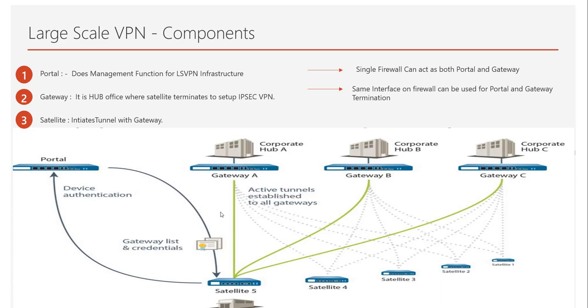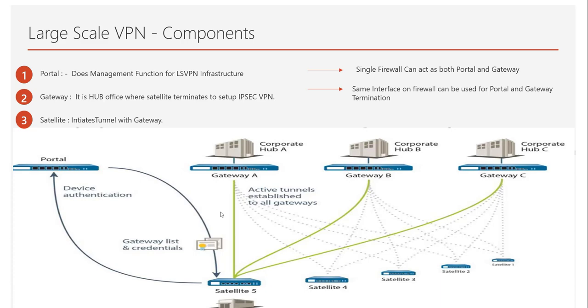So the second component is gateway. Gateway is, we can say, basically a hub firewall, where all the satellites terminate to set up an IPsec VPN connection. Third one is satellite firewall.